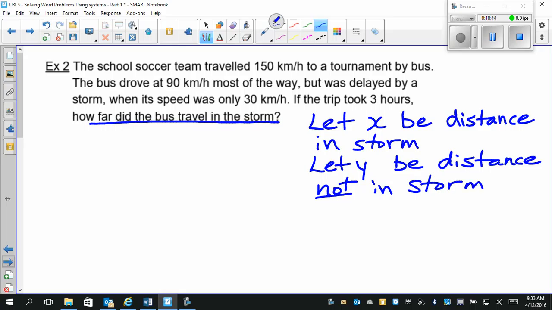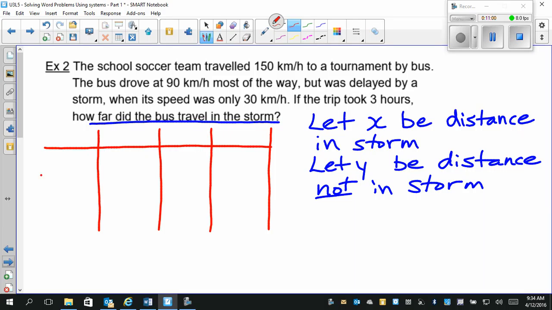Okay, so now it's a distance, speed, time problem. So I'm going to set up my table. I've got distance, speed, time, and the two parts of the trip.